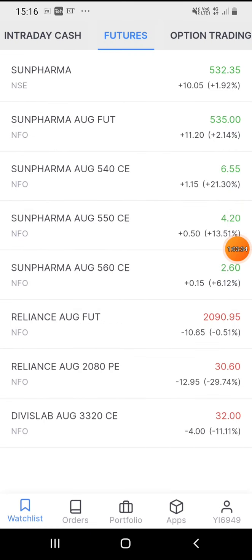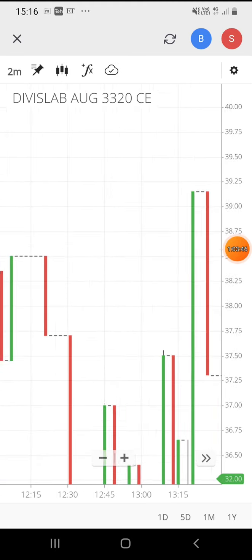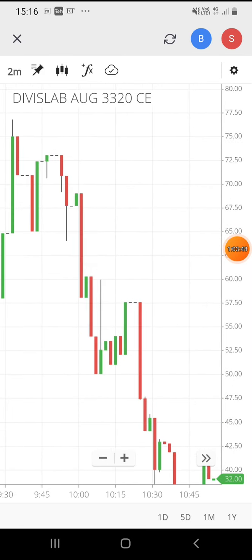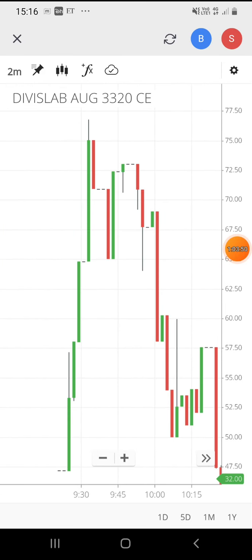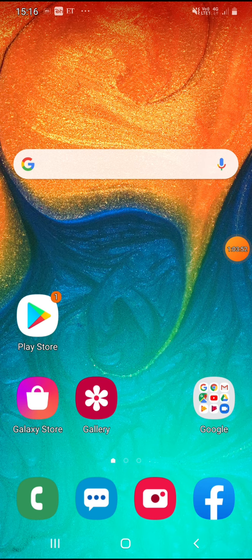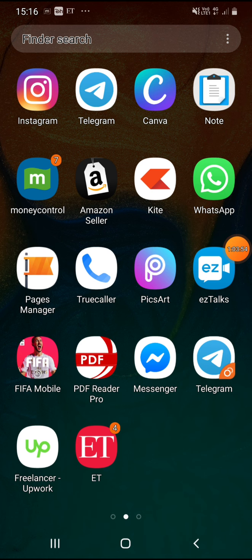Okay, 3320 CE. This is the evening market. We can just check the chart of the last day. Okay, so we need to take that again.